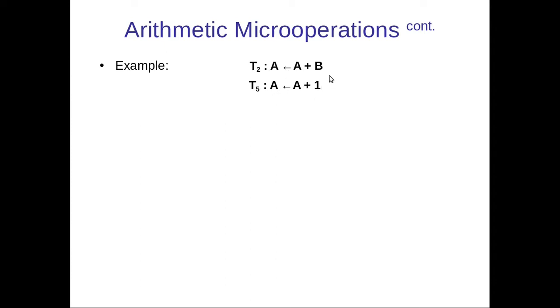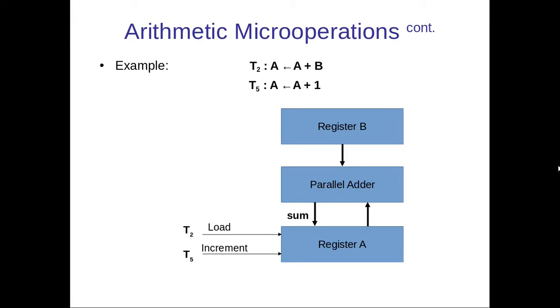Then what will be the equivalent hardware implementation? We already discussed that corresponding to each register transfer logic statement, there will be a hardware implementation. So this is the hardware implementation corresponding to these two statements. We have register B, register A, and a parallel adder. Both register B and register A are connected to the parallel adder.